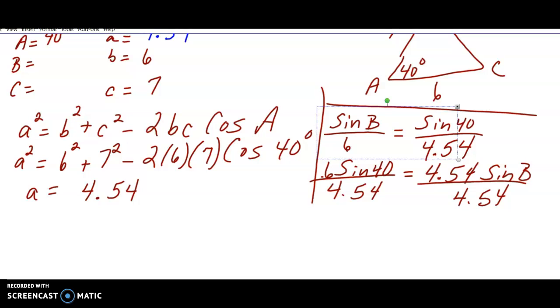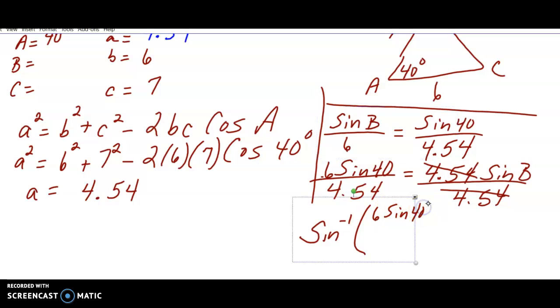So these will cancel, and we have the sine of B equals this right here. So what you want to do is sine inverse of this whole fraction here, 6 sine of 40. Don't forget to close your parentheses around that when that's in your calculator, divided by 4.54.